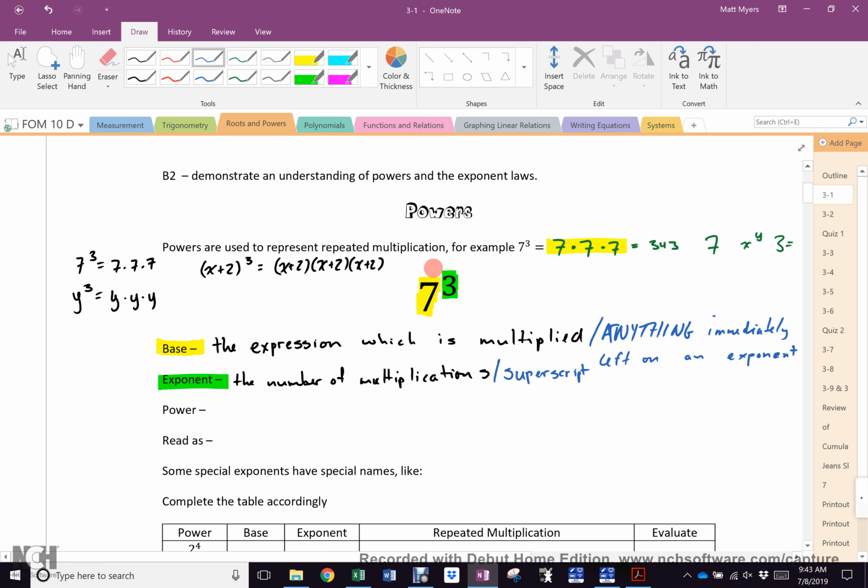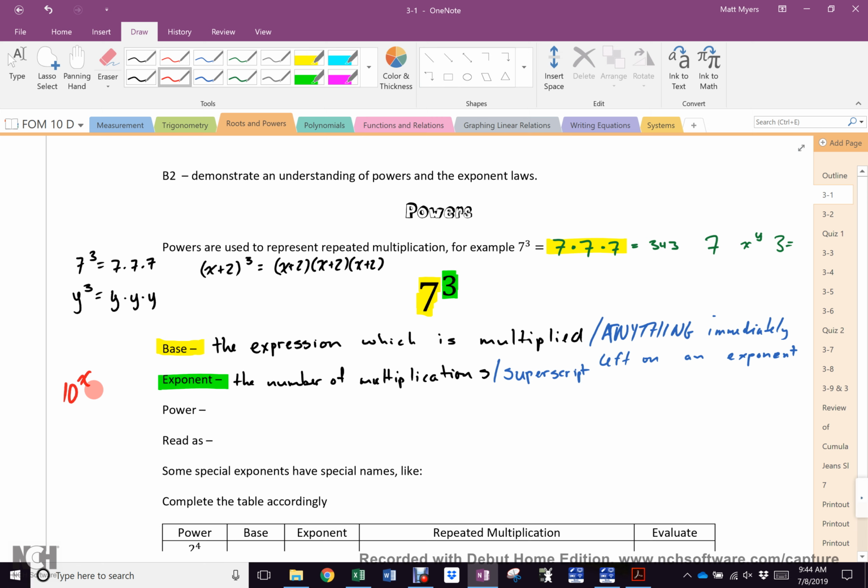Does it have to be a number? No. In future math, you are going to be dealing with things like this. Don't write this down. 10 to the x. You don't know how many times 10 is going to multiply. And there's math to figure that out, but not till grade 12. So for right now, the exponent is always going to be a number, except in a couple of weird questions, and you'll see what I mean when we get there.